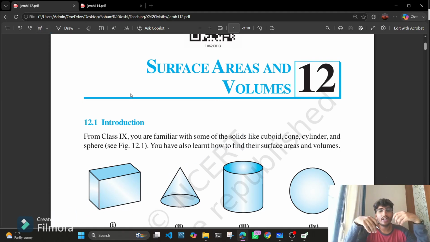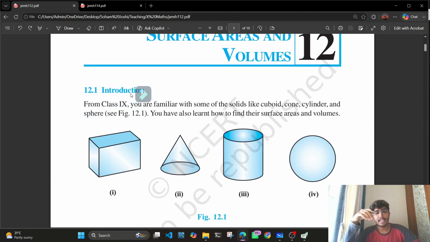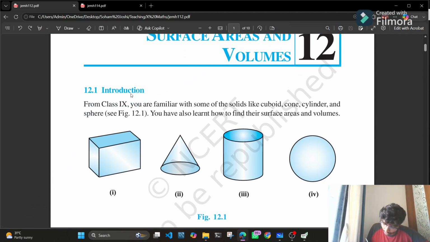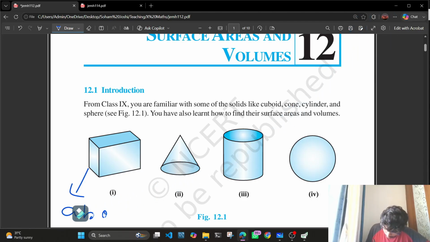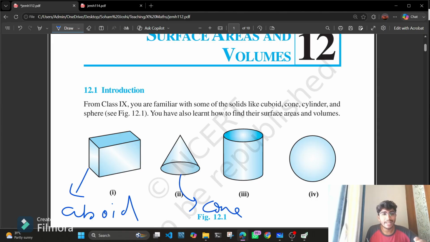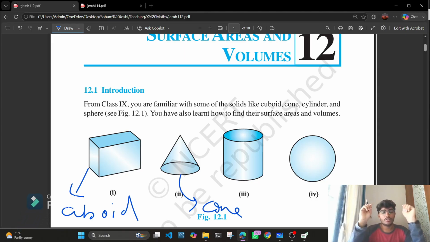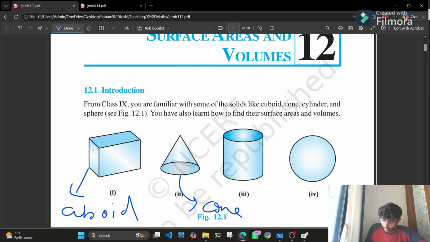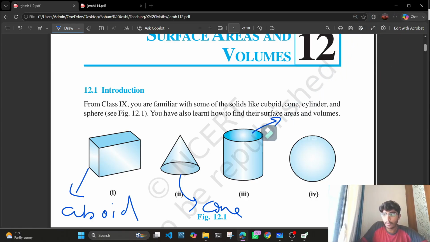In class 9, you have come across figures like cuboid, cone, cylinder, and sphere. So basically, this is the cuboid. This is the cone. For example, you might have seen the birthday caps. They typically have a cone figure. Then this is the cylinder, maybe a bottle or something like that is a cylinder, and this is a sphere.